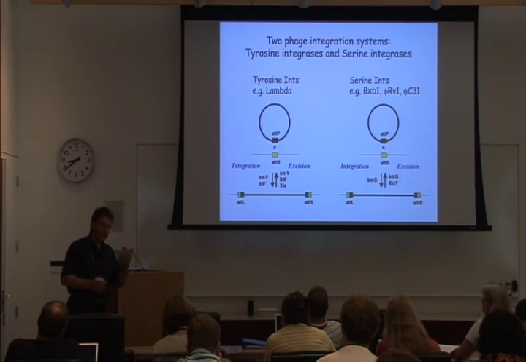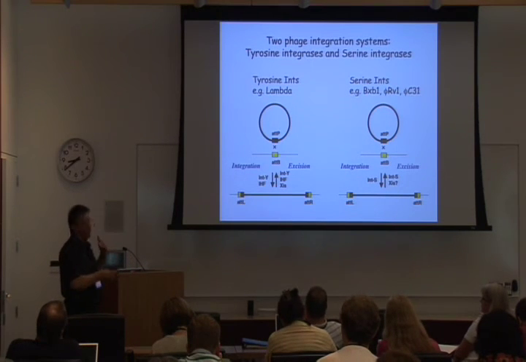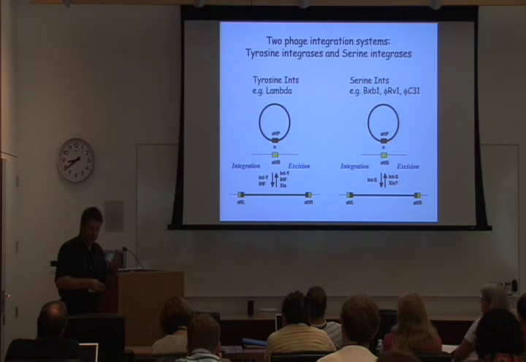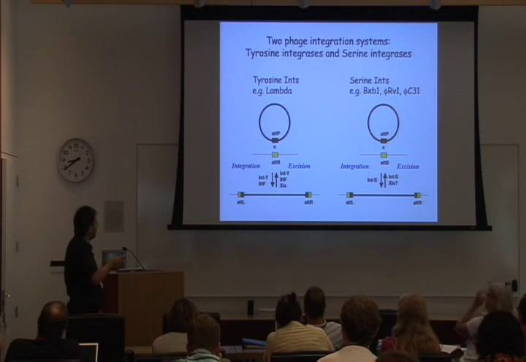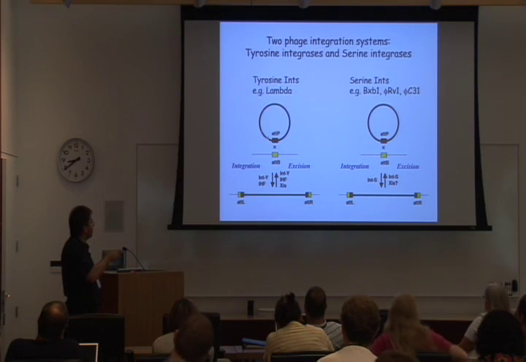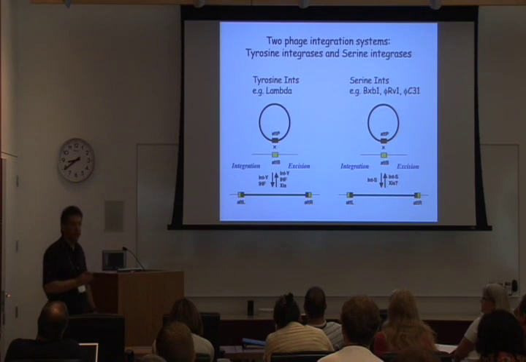So temperate phages typically undergo this process. They don't have to, because the prophages can exist in other ways, but this is quite common. And so when you examine bacteriophage genomes, it's not uncommon to be able to recognize this integrase gene, which catalyzes this reaction, as well as this attachment site.